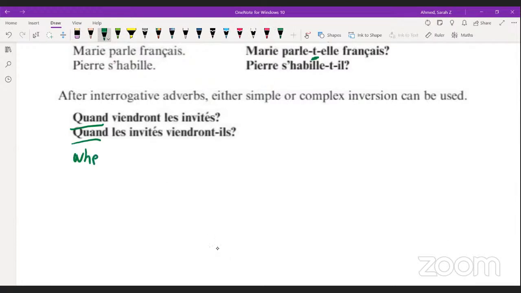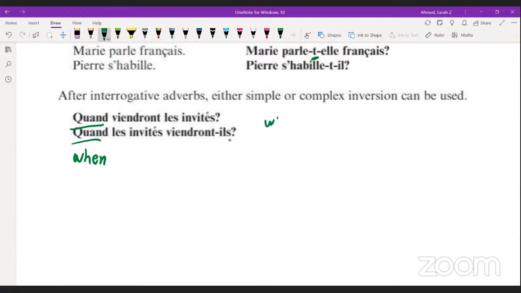We can do quand viendront les invités, and the second one is quand les invités viendront-ils.